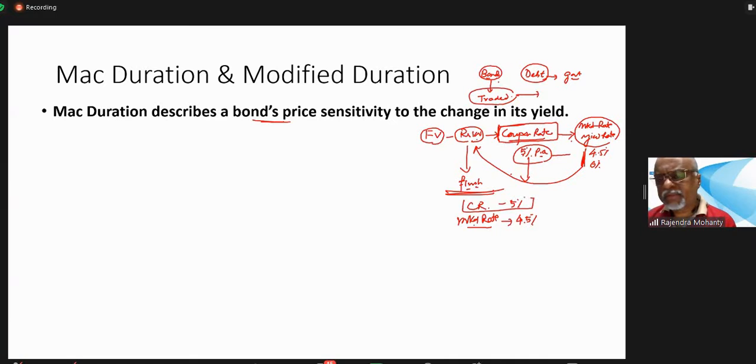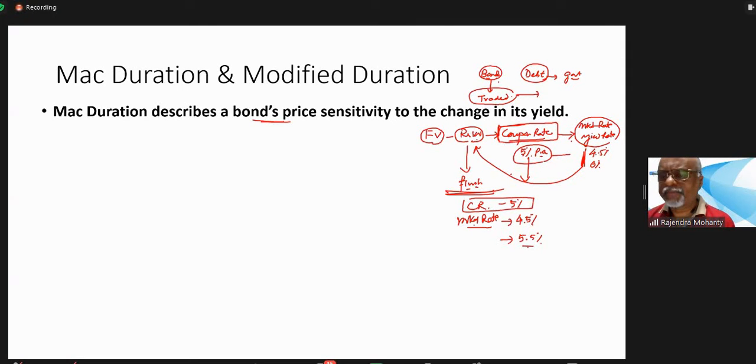The coupon rate is 5%, today the market rate is 4.5%. Tomorrow the market rate may be 5.5%, or the market rate might be 4%. So it will change accordingly. Here the market rate is going up, and here the market rate has gone down.